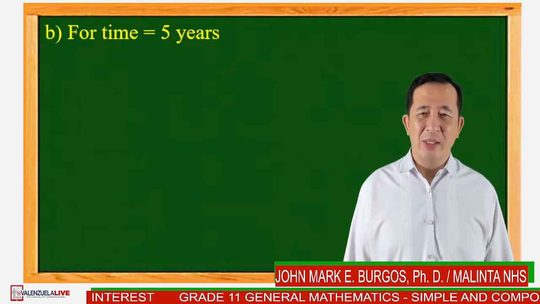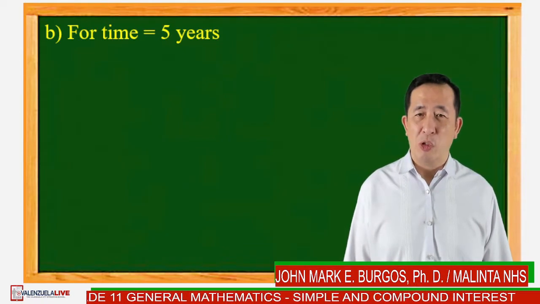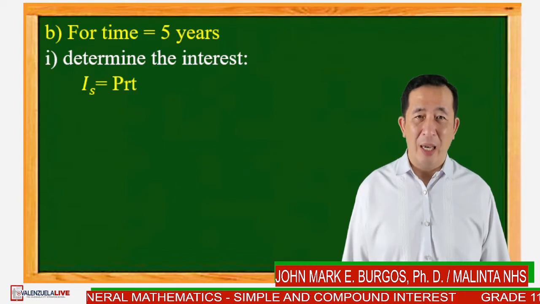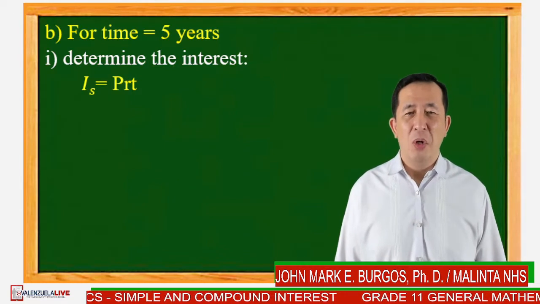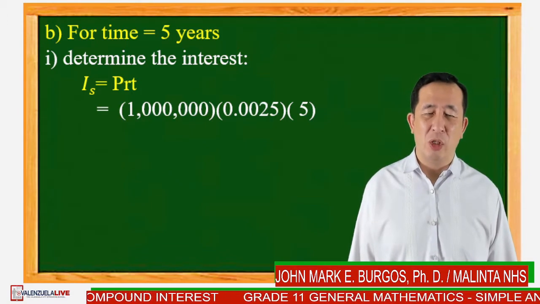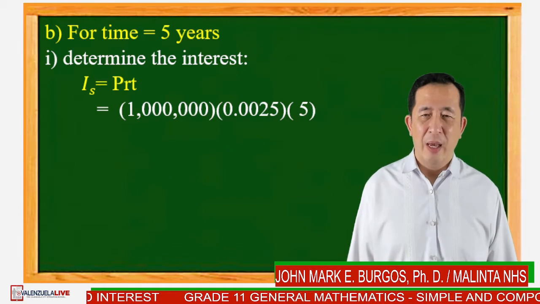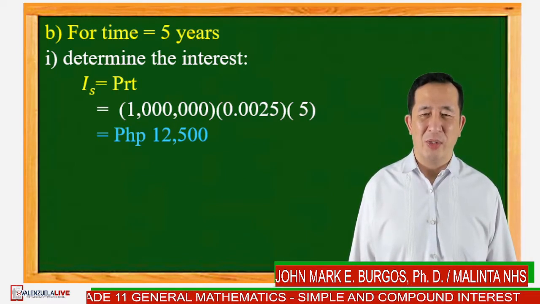For 5 years, we have to determine the interest first. So we use I is equal to P times R times T. And to substitute the value, we have 1 million pesos times 0.0025 times 5. The interest will be 12,500 pesos.